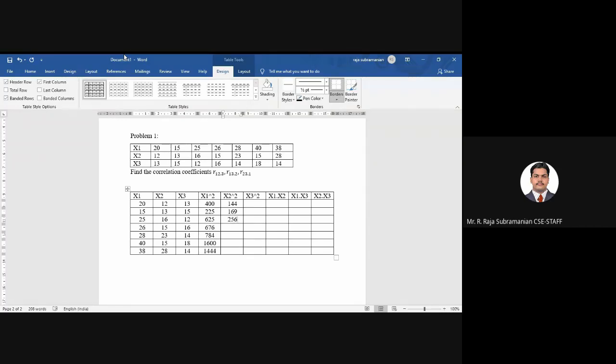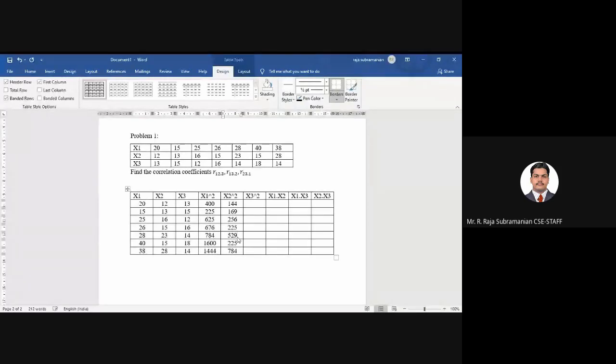Next, 15 squared is 225. 23 we need to calculate, and 28 we already have, 784. What is 23 squared? 529. Great.